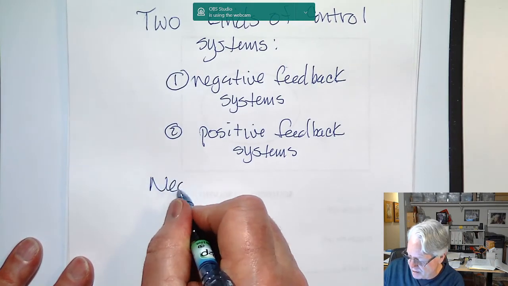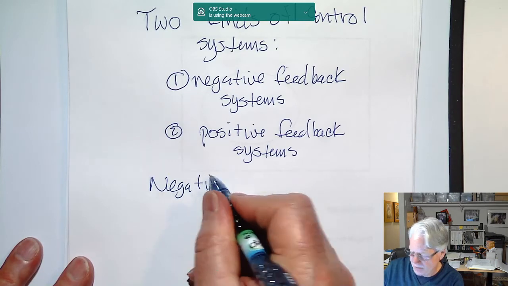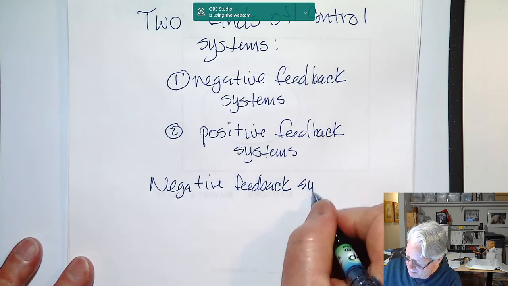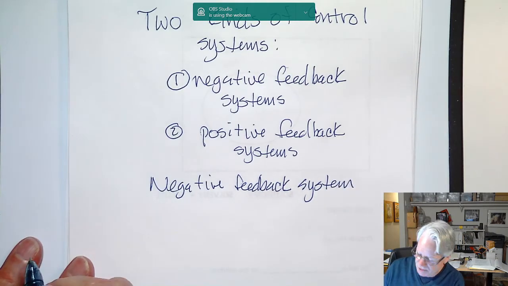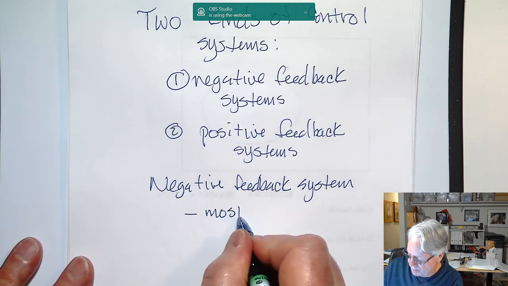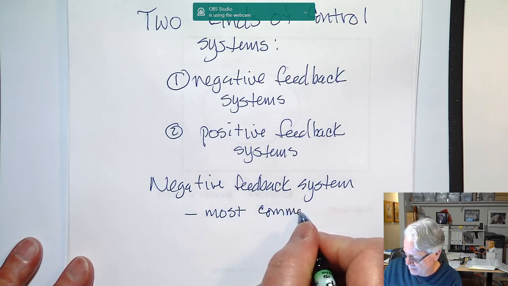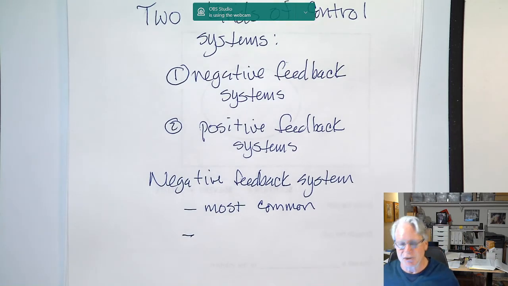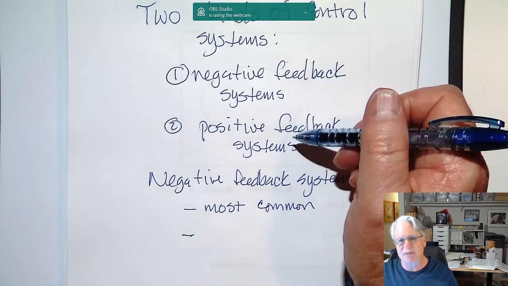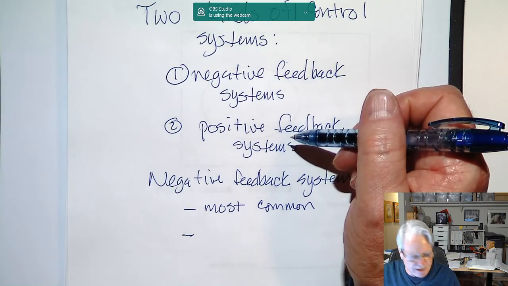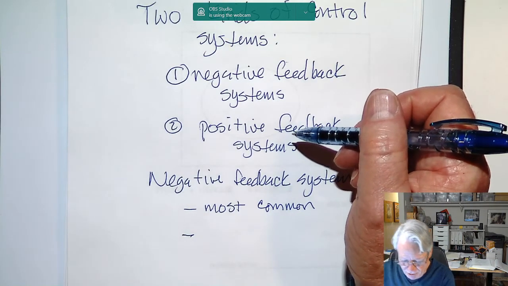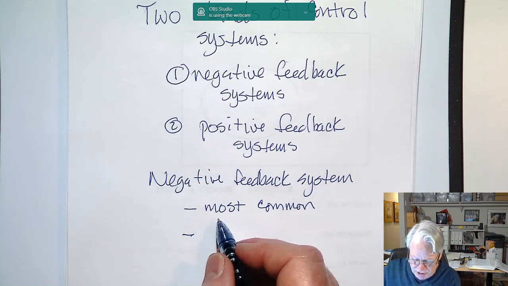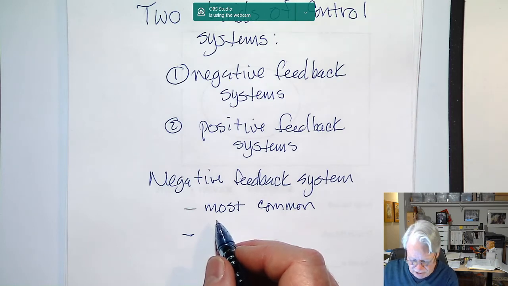So starting off with a negative feedback system. Okay. This is going to be the most common. And you're going to have to distinguish between a negative feedback system and a positive feedback system. How are you going to do that? And this is the key right here. What you're going to see is at the end of that system, do you get a reduction or oppose the original stimulus? So let's write that down.